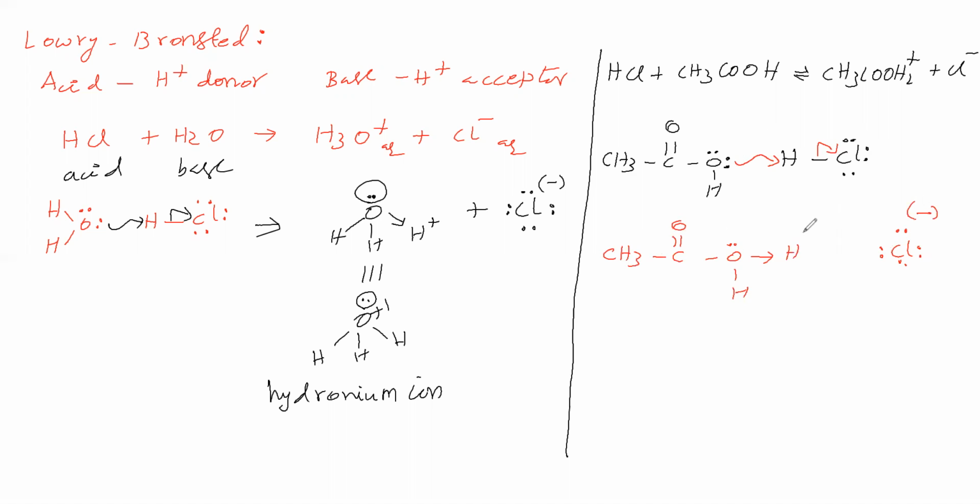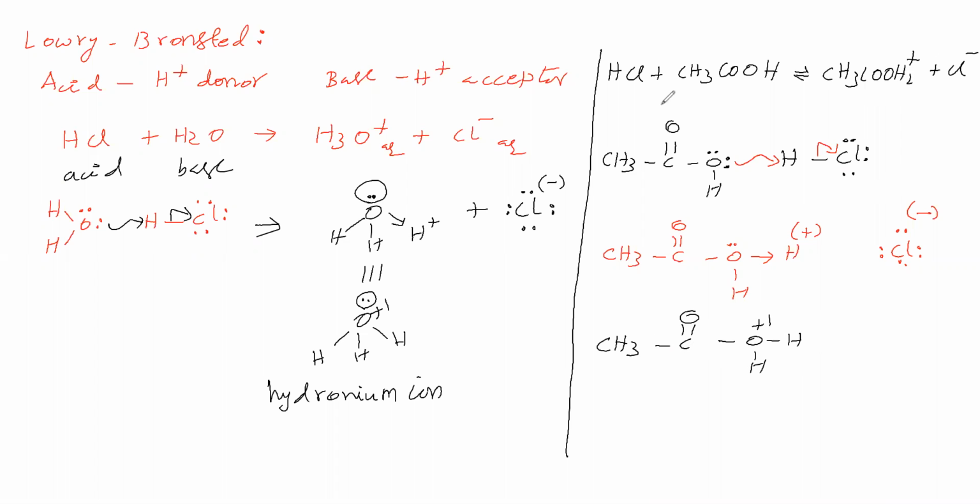Cl is getting negative charge, hydrogen is getting positive charge. Next, we will write this dative bond as a normal covalent bond. Hydrogen is acceptor, which means you give -1, already +1 is there, therefore becomes 0. For oxygen we have to give +1.